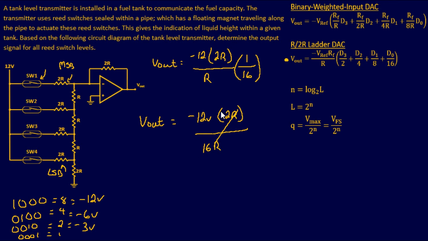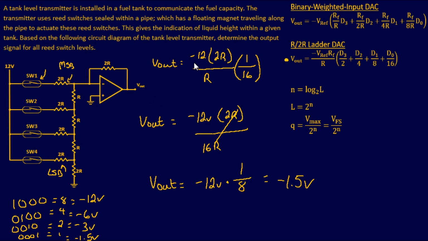Well, of course, R's cancel out, and 2 divided by 16 is 1/8. So V out equals negative 12 times 1 divided by 8. And that's going to give us a final answer of negative 1.5 volts.